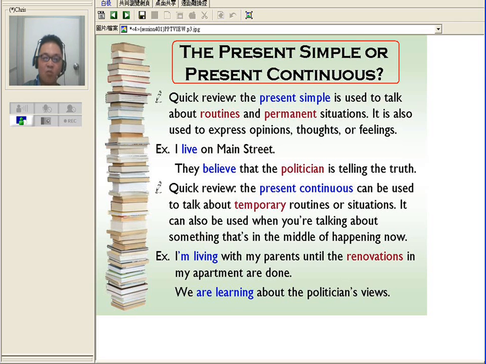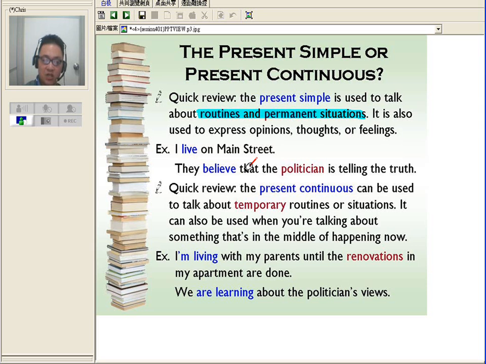We've mentioned that when we're introducing simple present tense, it's about routines, permanent situations, and even facts. So when we say I live on Main Street, it means that you live on Main Street. We cannot say that I am living on Main Street.